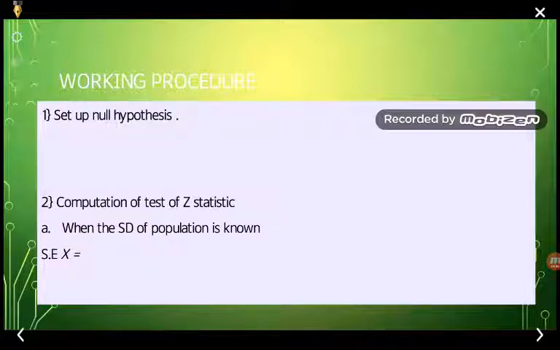We can write that SE, the standard error of X bar, is equal to sigma by root n, as the standard deviation is already given. We can find the standard error of the mean by sigma by root n, and we have to compute the Z test.